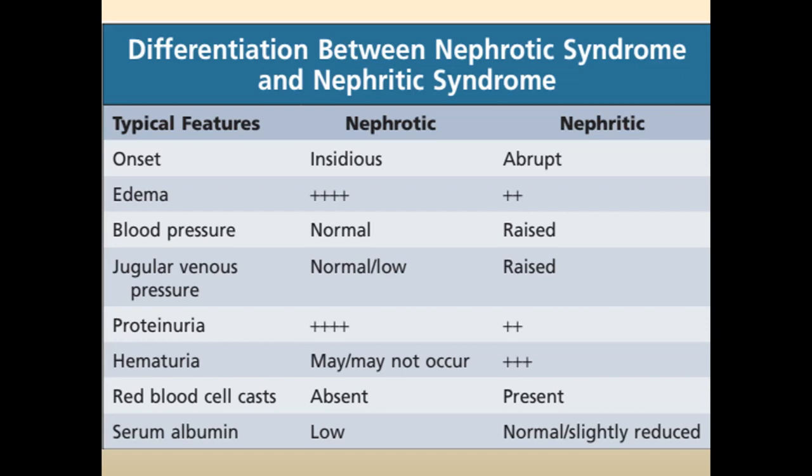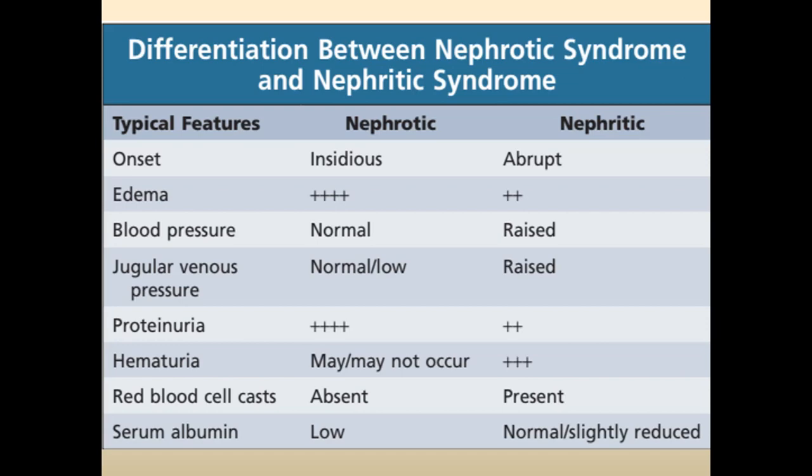Edema is commonly present in nephrotic syndrome, but can be present in nephritic syndrome, though not like in nephrotic syndrome. Blood pressure is usually normal in nephrotic syndrome, raised in nephritic syndrome. JVP is normal or low in nephrotic syndrome, but raised in nephritic syndrome.